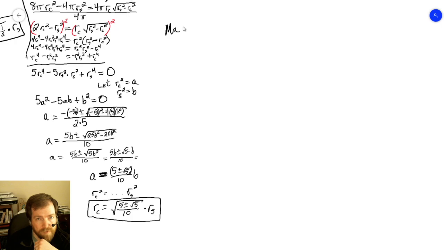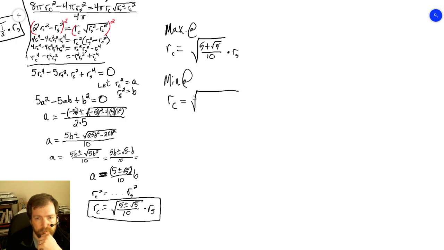All right, this is going to be maximized at RC equals the square root of (5 plus the square root of 5) over 10 times RS. It has a minimum at, which again we don't care about, but you want to make sure that you're doing this right, RC equals the square root of (5 minus the square root of 5) over 10 times the radius of the sphere, with a negative.